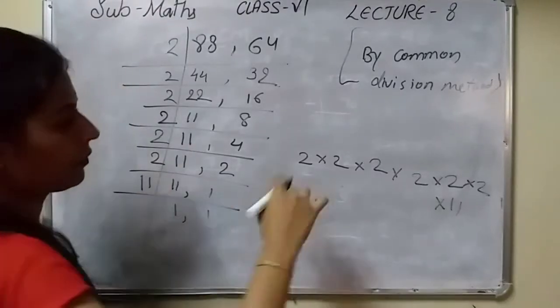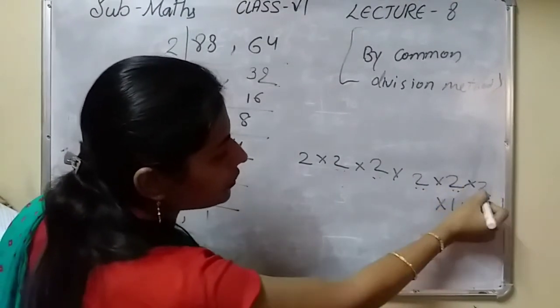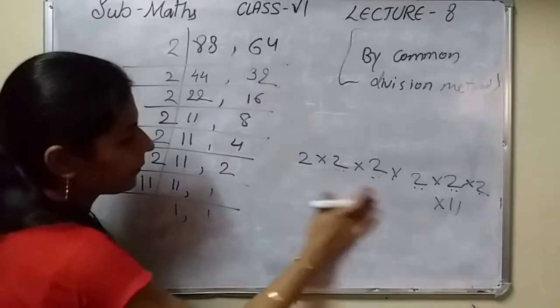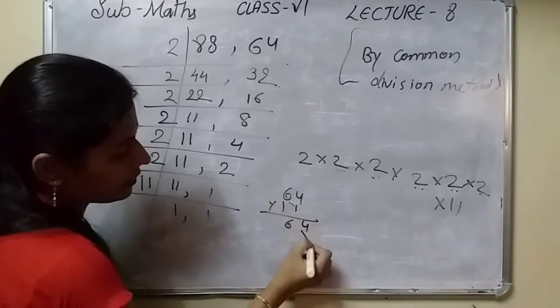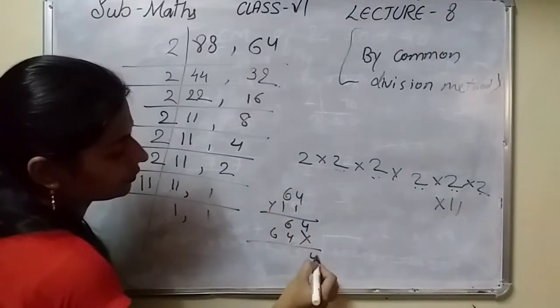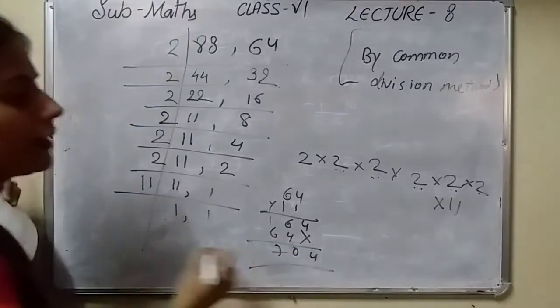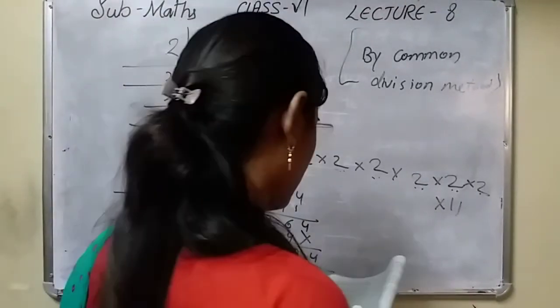Now find out: 2 2s are 4, 4 2s are 8, 8 2s are 16, 16 2s are 32, 32 2s are 64. Now 64 multiplied by 11 is 704.